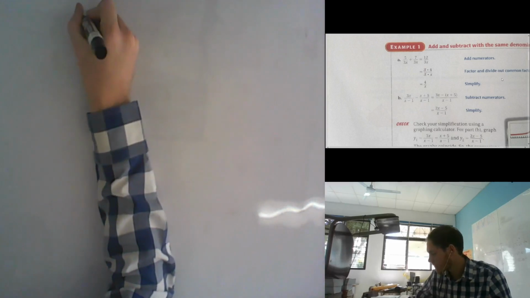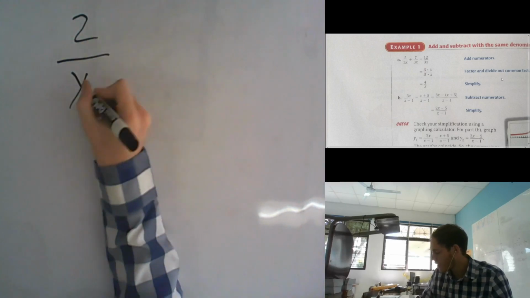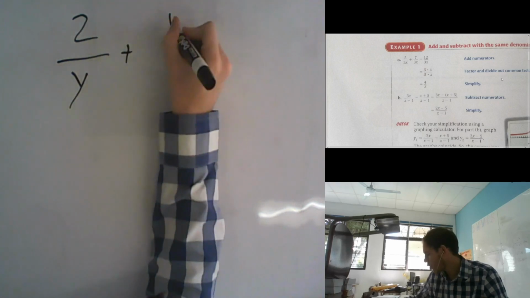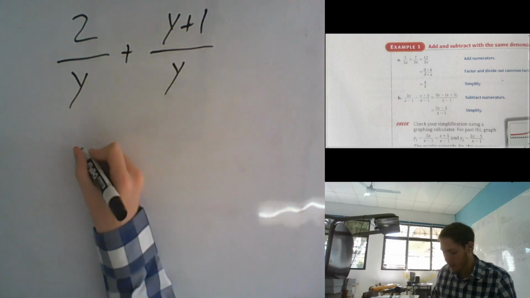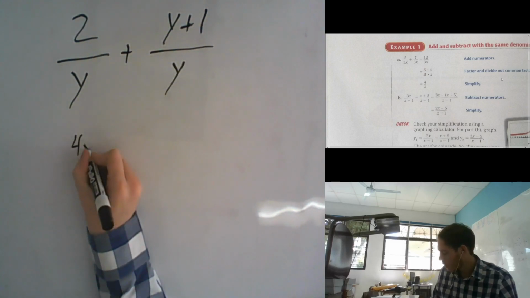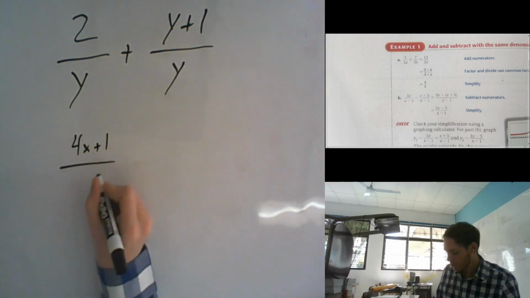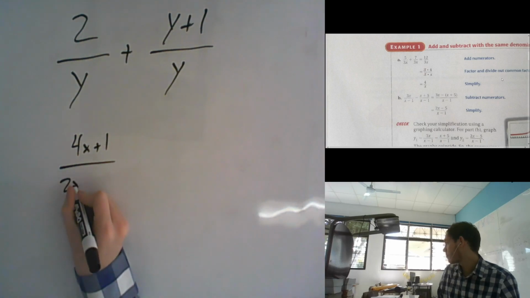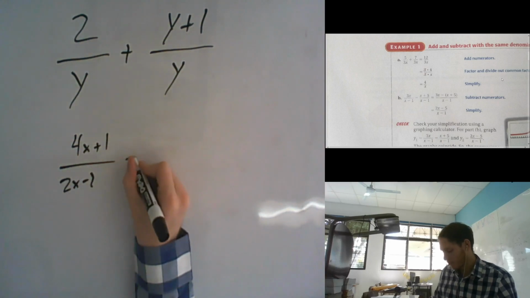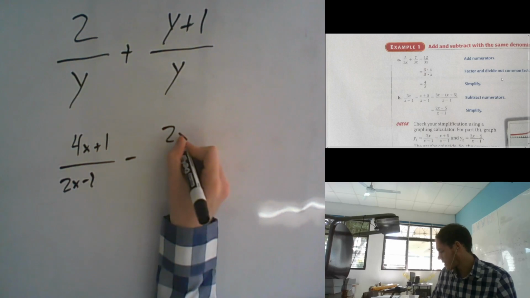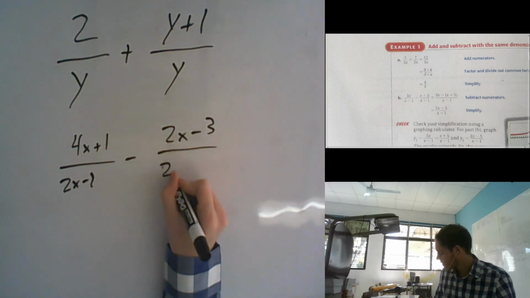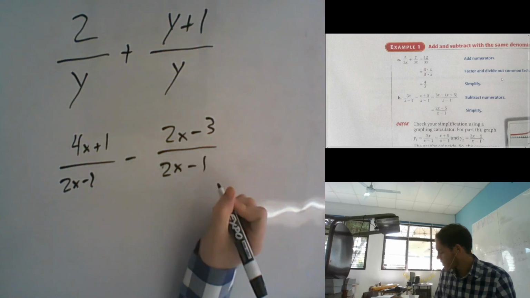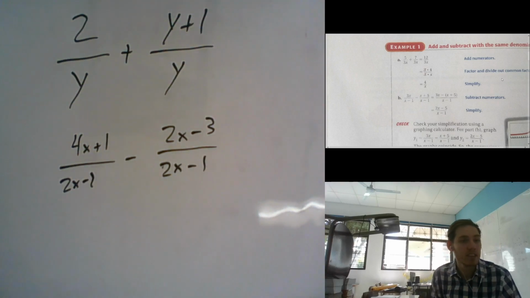So this says find the sum or difference: 2 over y plus 1 over y, and then also 4x plus 1 over 2x minus 1 minus 2x minus 3 over 2x minus 1. Okay? Let's try this out.